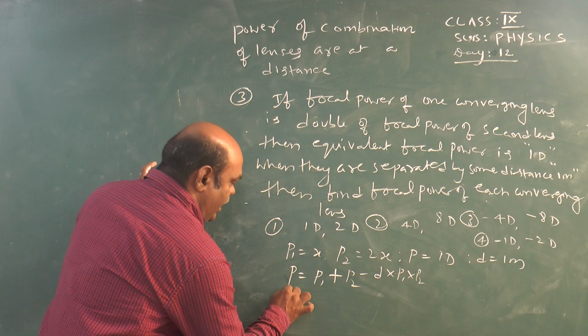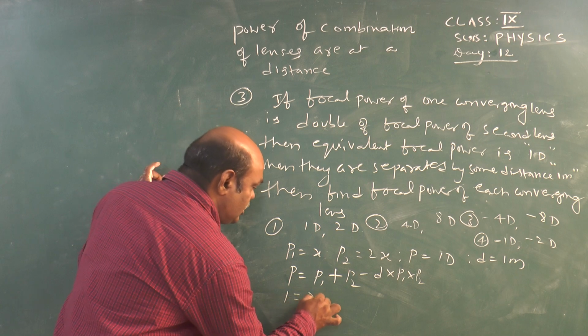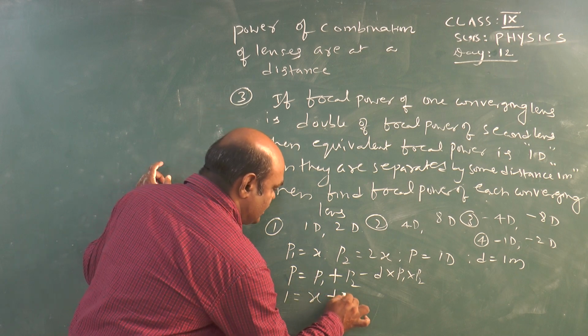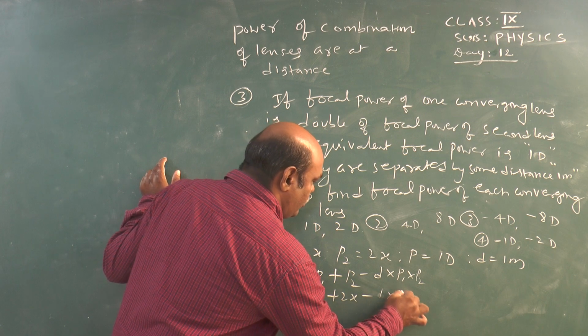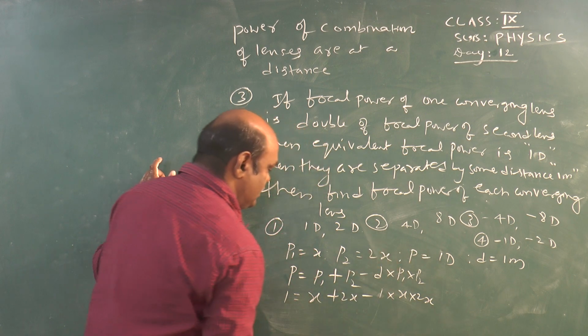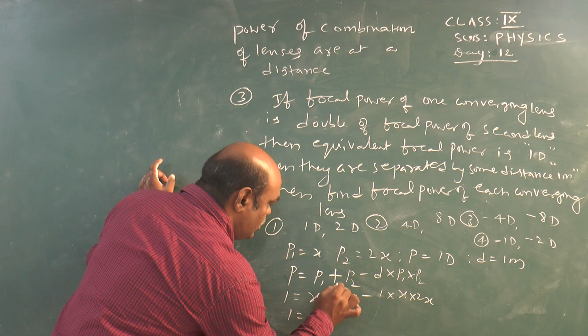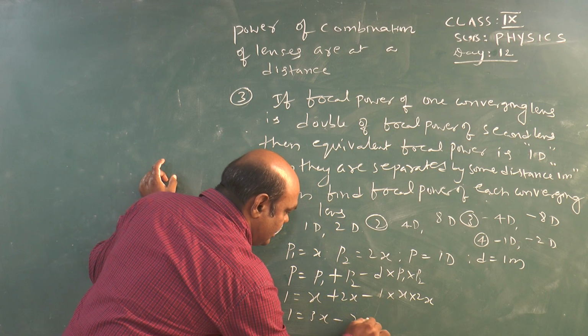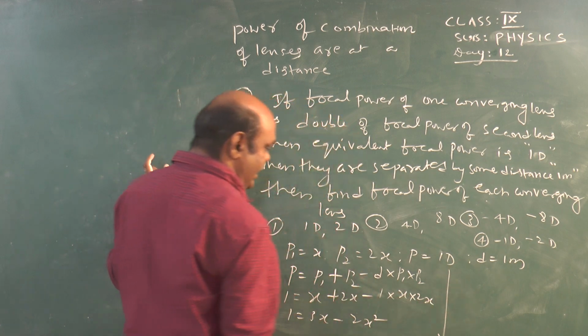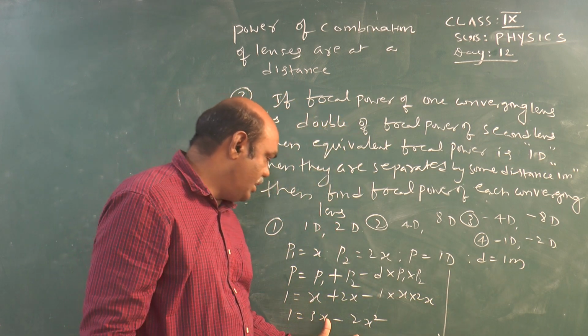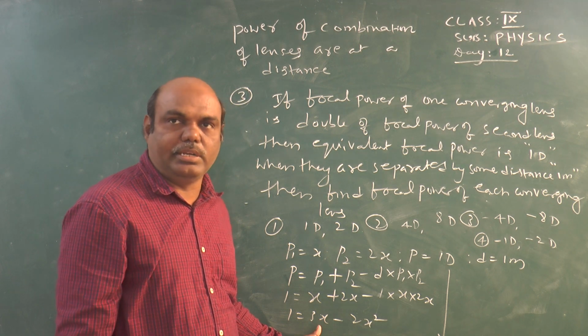So here P value 1, P1 X plus P2 2X minus 1 into X into 2X. So 1 equal to 3X minus 2X square. So for finding the X value, we got a second order quadratic equation.